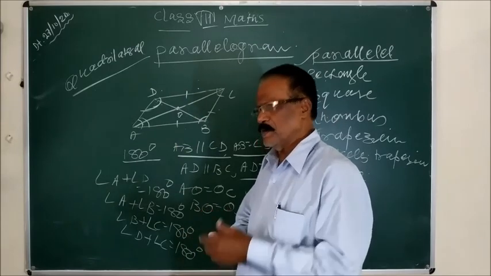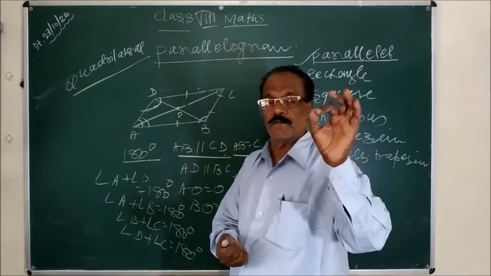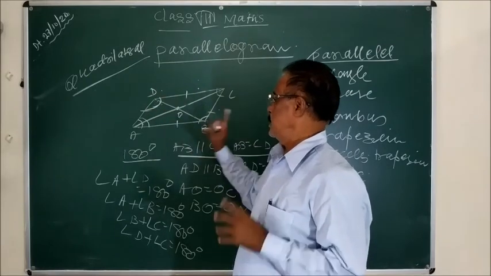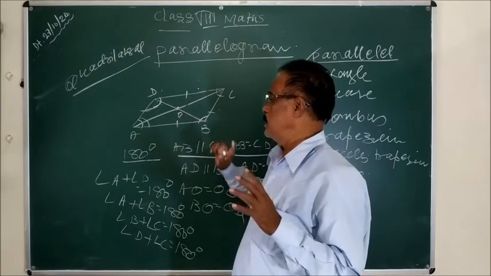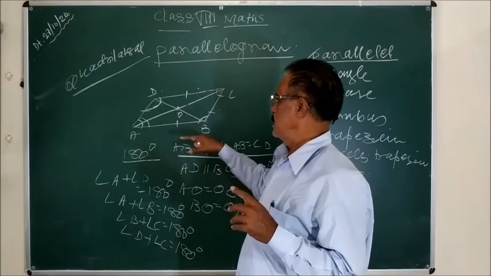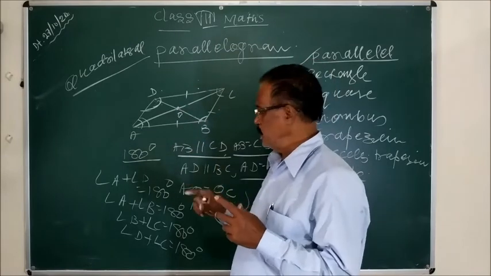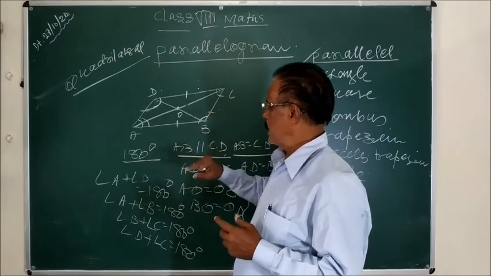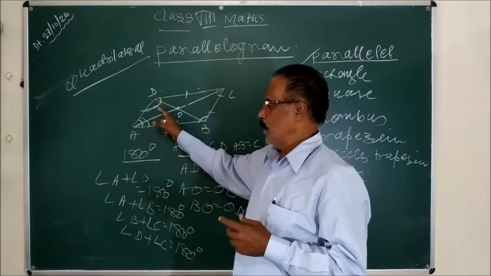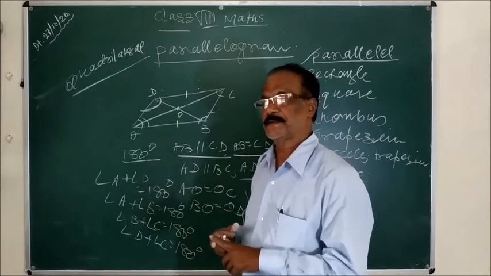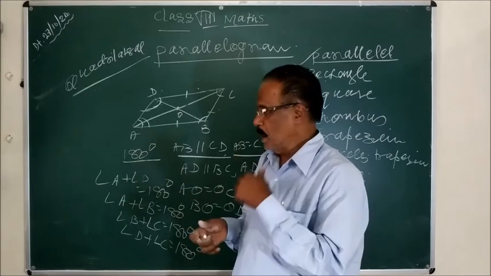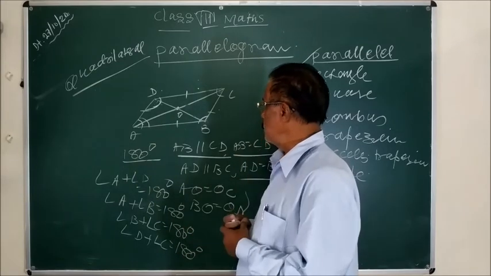Bisect means to divide into two equal parts. So BD is divided into two equal parts, DO and OB. And similarly, BD bisects AC, so AO is equal to OC. And the next property is the sum of any two adjacent angles is 180 degrees.